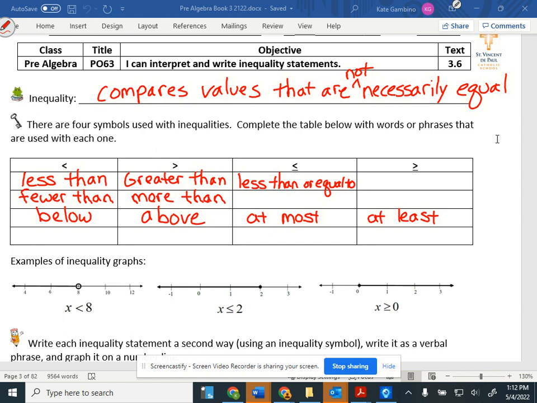Any guesses on our other two choices? Nathan? For the left one? For the less than or equal to? Because there's two more spots we need to fill in. Andrea? Say it louder. But it's not below then because it can be equal to.